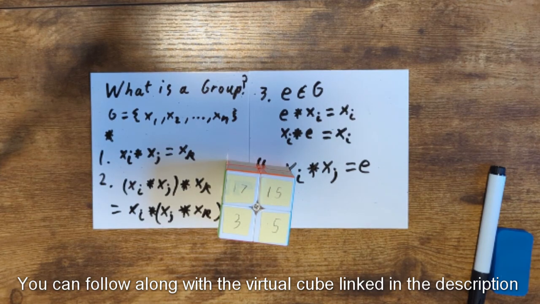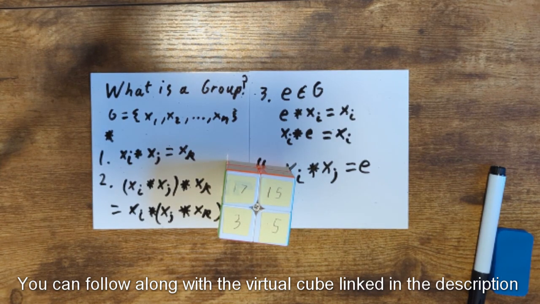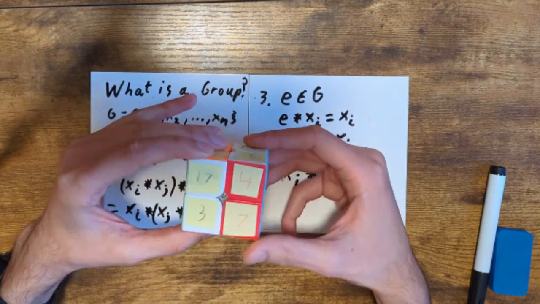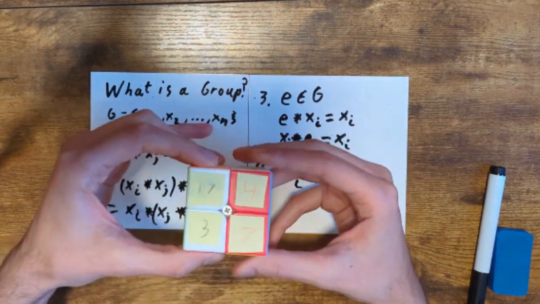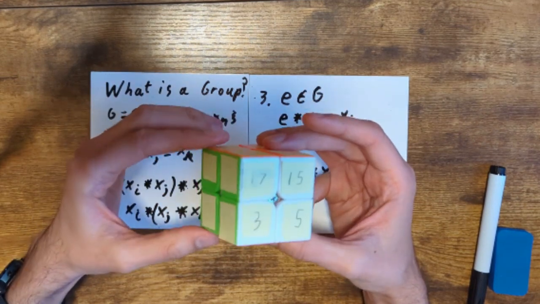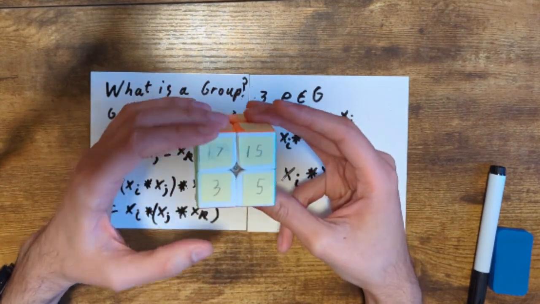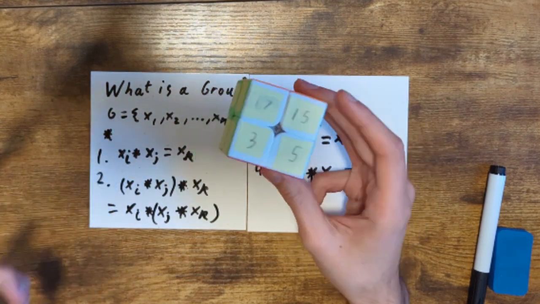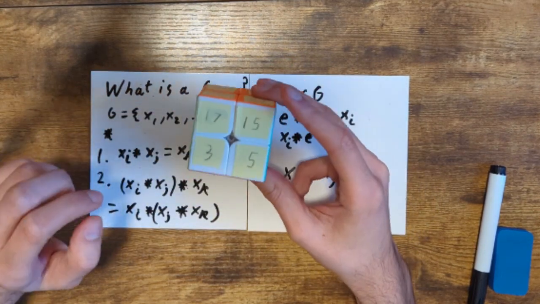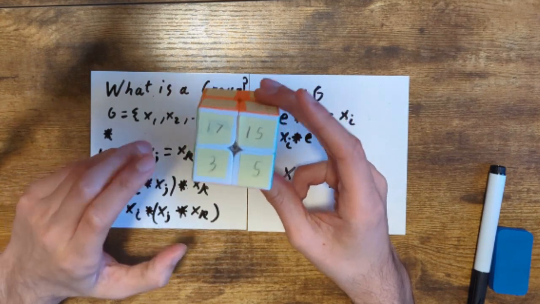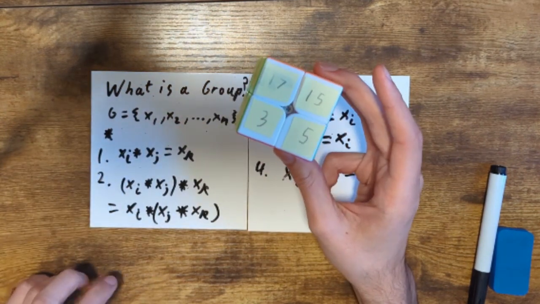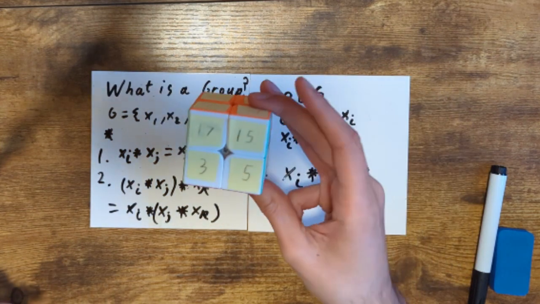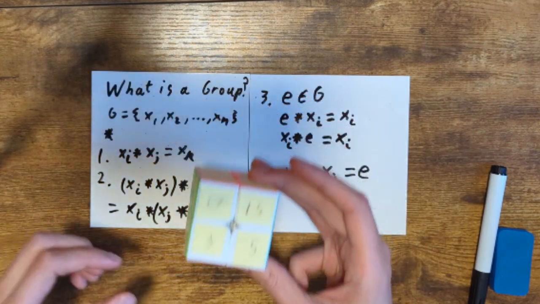So how is the 2x2 Rubik's Cube a group? Well, let's take G to be all of the possible ways that you can twist the cube with any number of moves. The multiplication operation is: do the first move or series of moves, followed by the second move or series of moves.